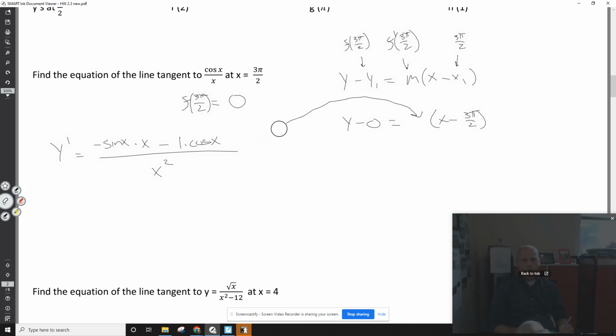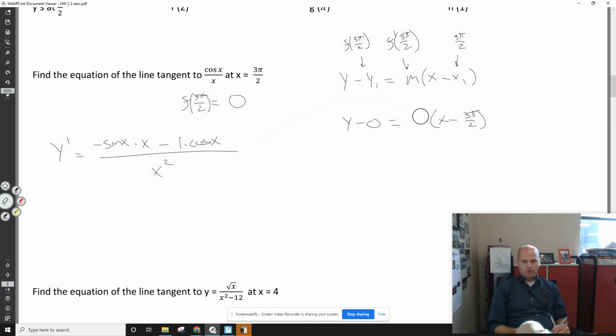No. The y values of your tangent slope generator give you slopes. This is not a slope. This is a slope generator. Make sure you understand that the y values give you m's.